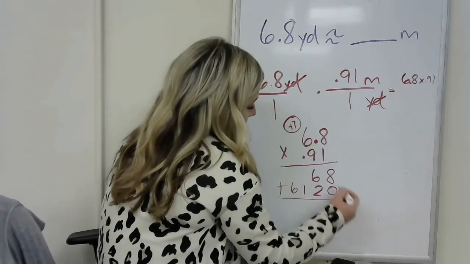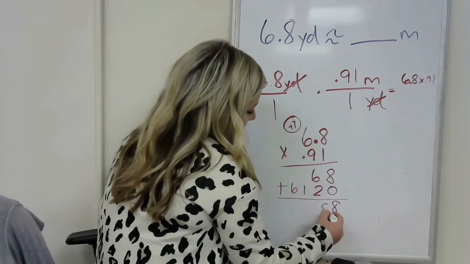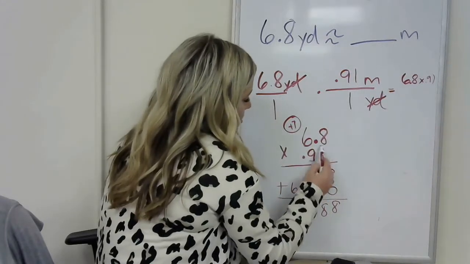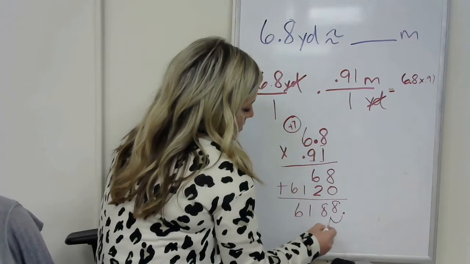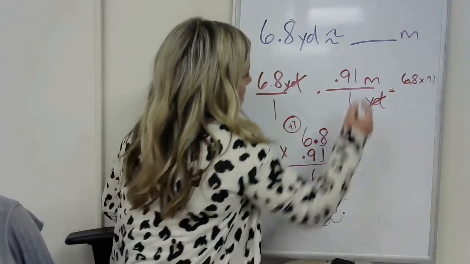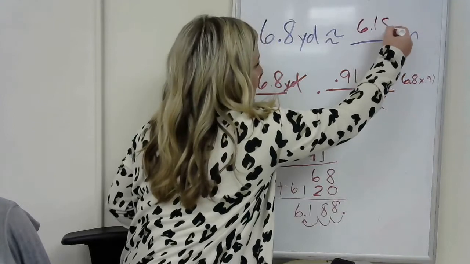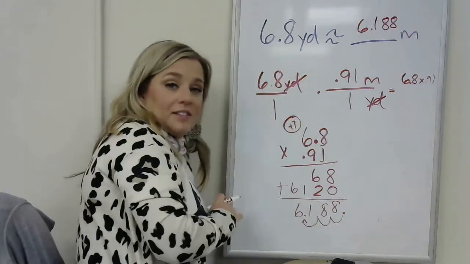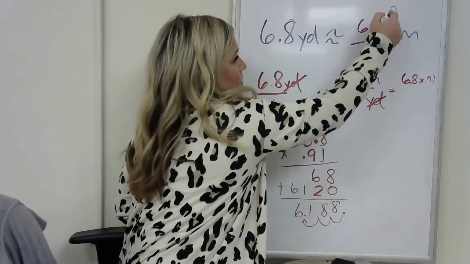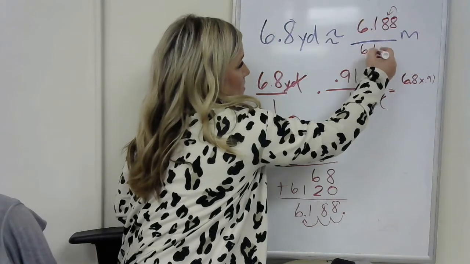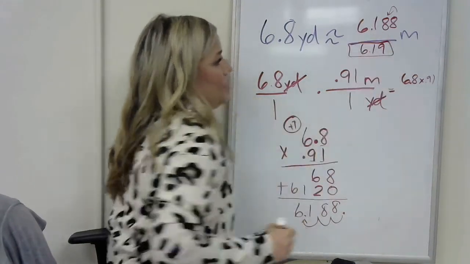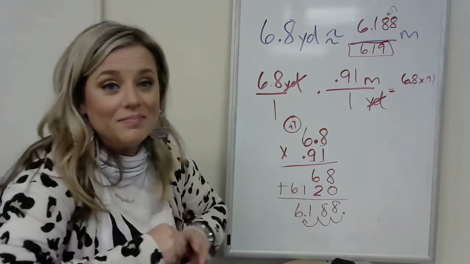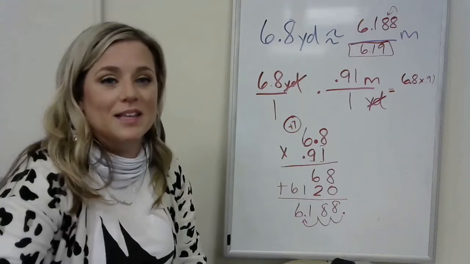All right. 8 plus 0 is 8. 6 plus 2 is 8. 1, 6. Okay, so I've got to move my decimal 1, 2, 3 places, correct? 6.188. Now, if they ask you to round it to the nearest tenth, this 8 makes that a 9. So technically it'd be 6.19 meters, because 2 is the magic number when rounding decimal places. Not really sure why, but if they're asking you to round 2 decimal places, that would bounce that up.